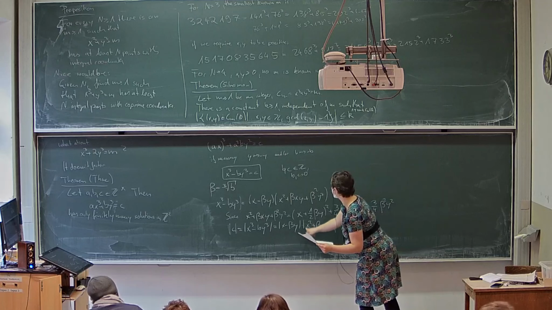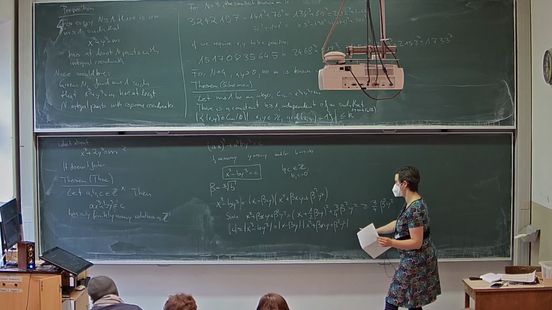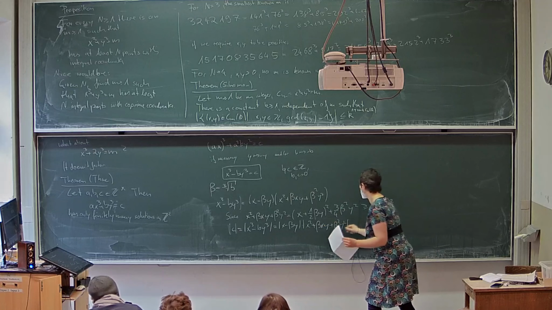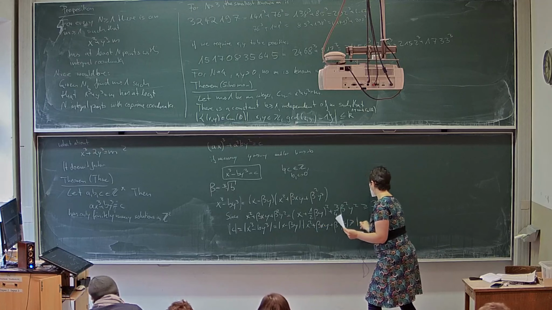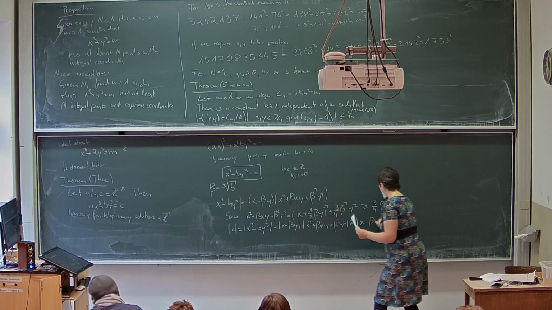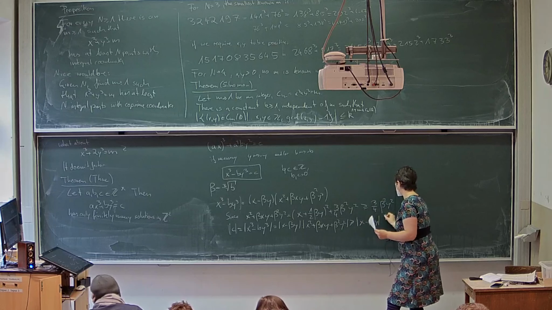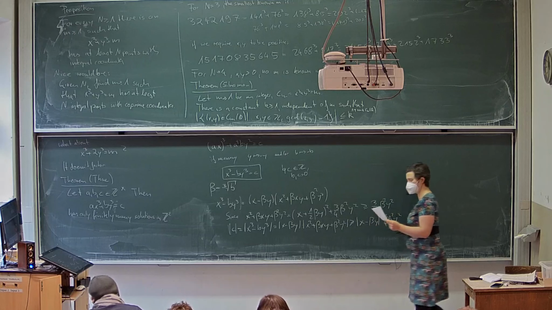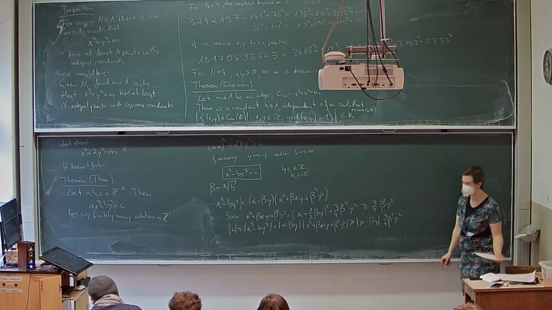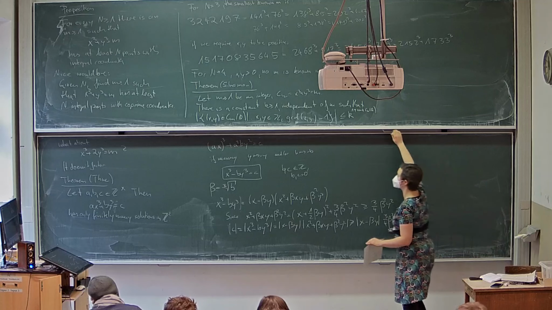And now we just take the estimate from here. So this is at most, this stays the same, times three over four beta squared y squared. Okay, what does that tell us?